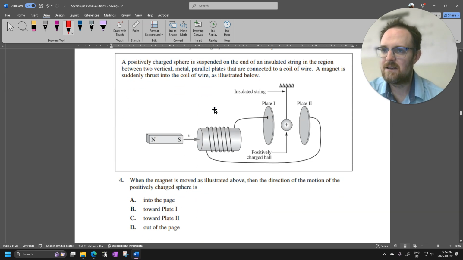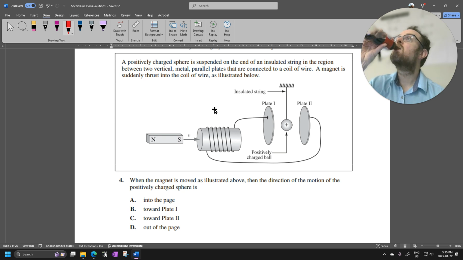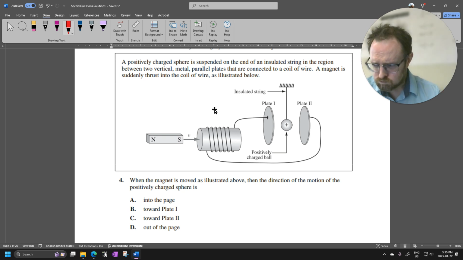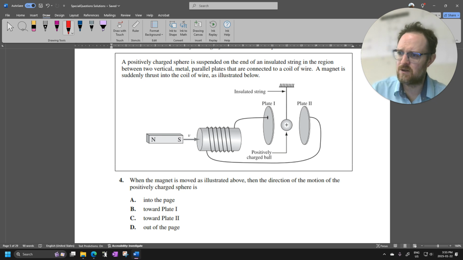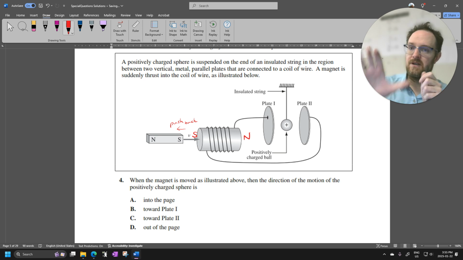Positively charged sphere suspended at this. Again, this is going to be a Lenz's law question. You got the south going in. So what it's going to want to do is push back, right? It doesn't want that to happen. It's Lenz's law. So to push back, there's got to be a south here and a north here. So we're going to use our hand rule.